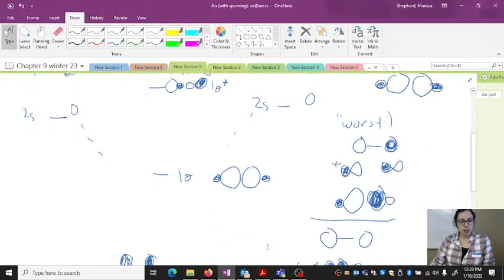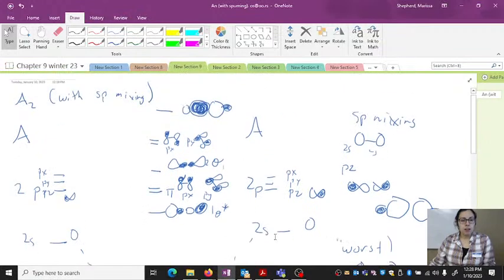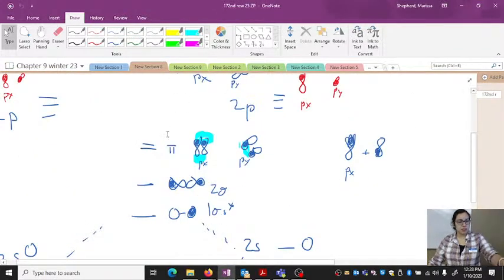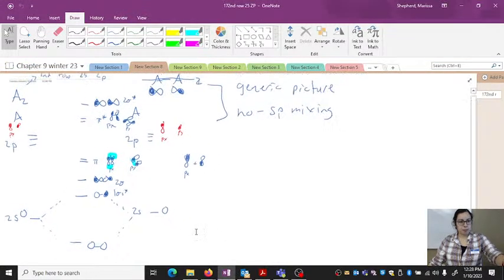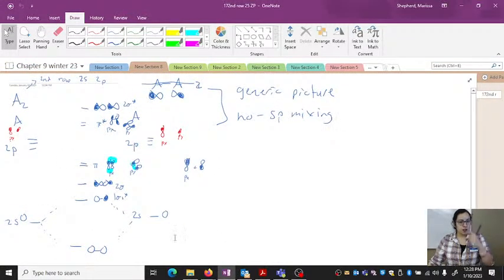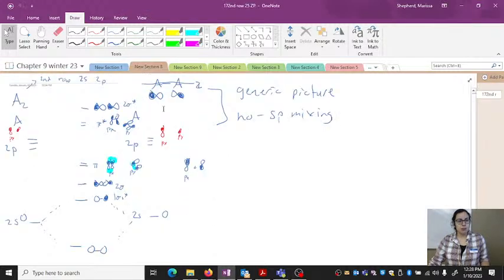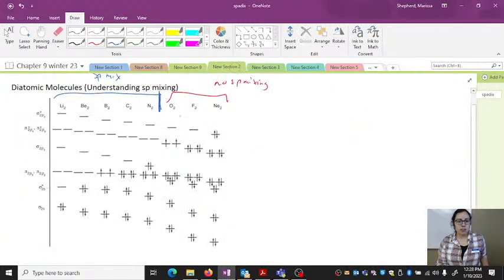So now we have our cheat sheet, as we can call it. We have our generic picture. Anytime we see oxygen, fluorine, or neon, all we have to do is refer back to this and fill in your electrons appropriately, because the only thing that distinguishes oxygen, fluorine, and neon is the amount of electrons.